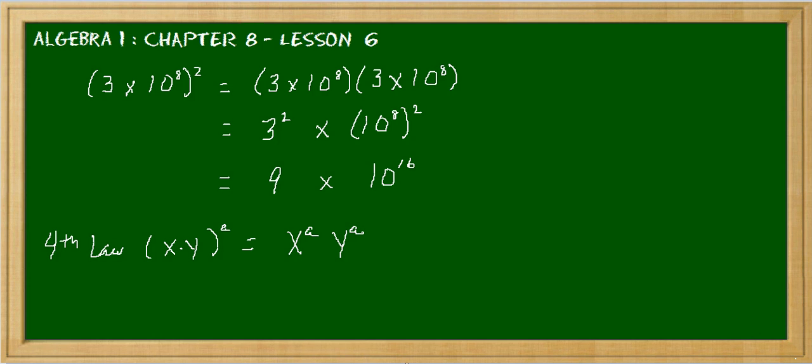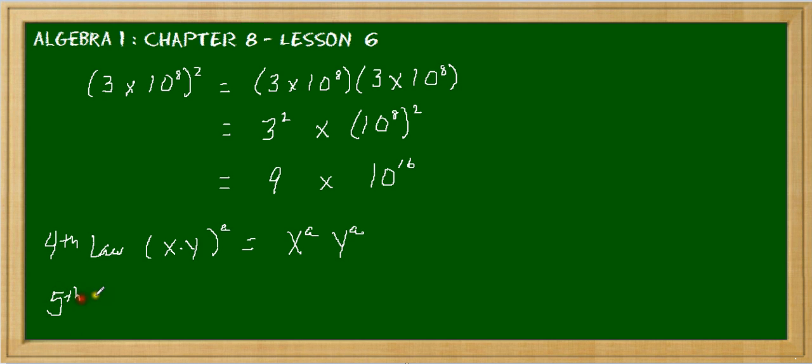I call them cousins. If it holds true for multiplication, then it should also hold true for division, or the power of a quotient. So let's take a look here. In the fifth law, if a is an integer and y is not 0, we then can say that... Oh, I need to get my pencil back.